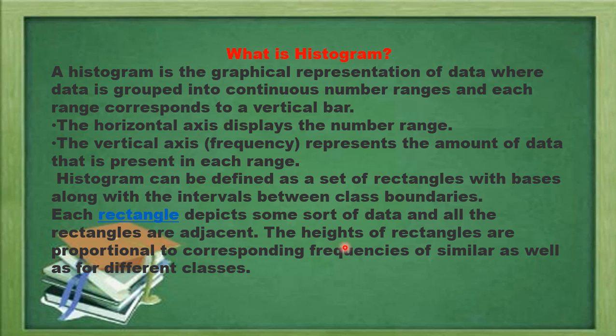The heights of the rectangles are proportional to the corresponding frequencies for similar as well as different classes. So this is the representation of data in the form of a histogram, where the gap between the rectangles is 0, or we can say there is no gap between the rectangles.